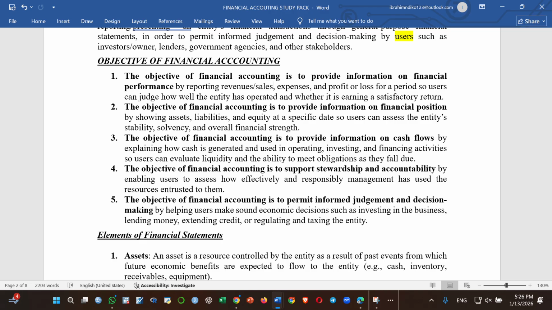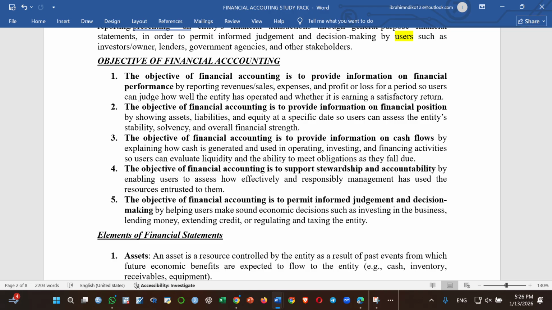Then number three, the next objective is it provides information about the cash flows. Cash flows means we are checking money in and money out during a particular period or a particular financial year.